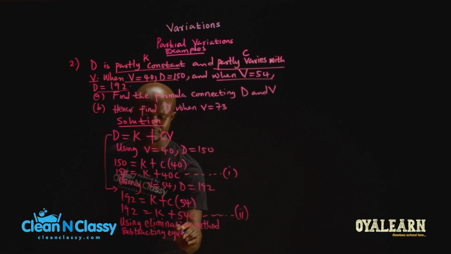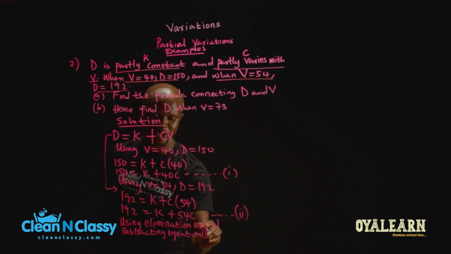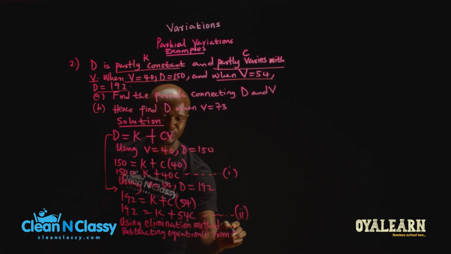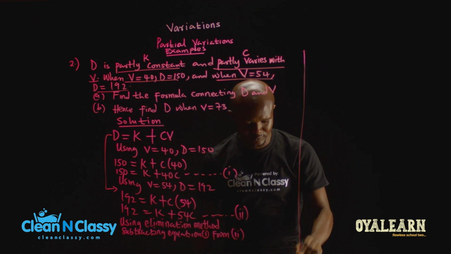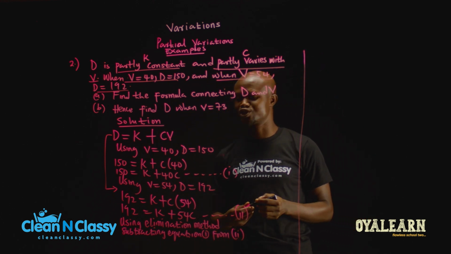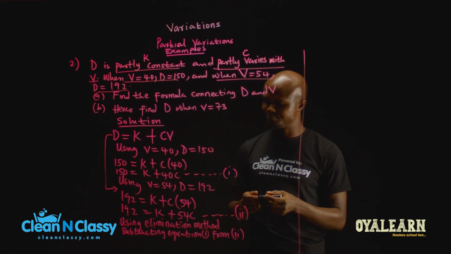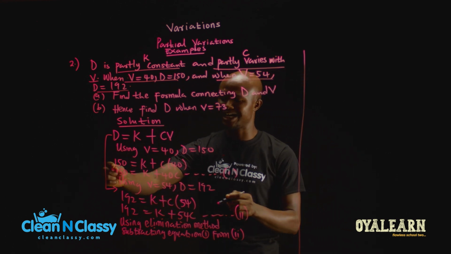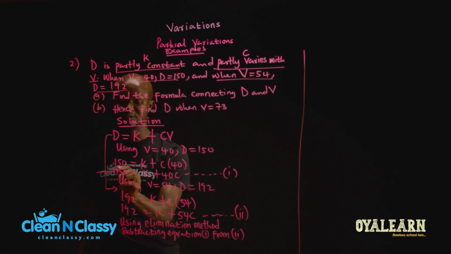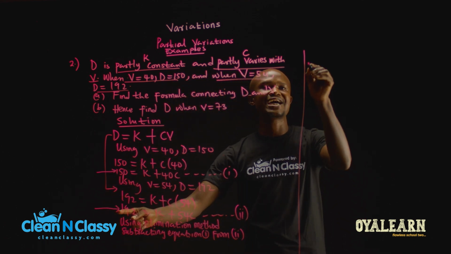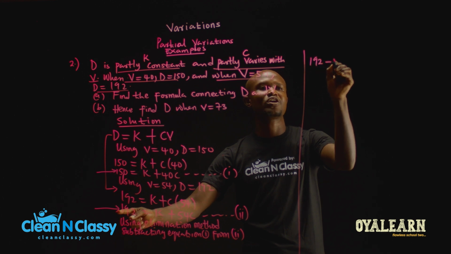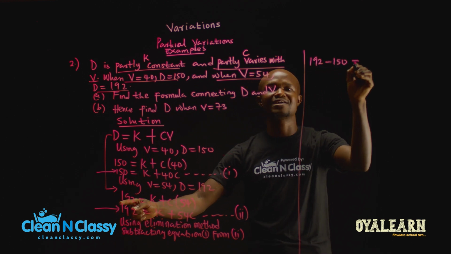This is equation 1 and this is equation 2. Now on the left, we take this from this. So 192 minus 150. That's the left hand side.